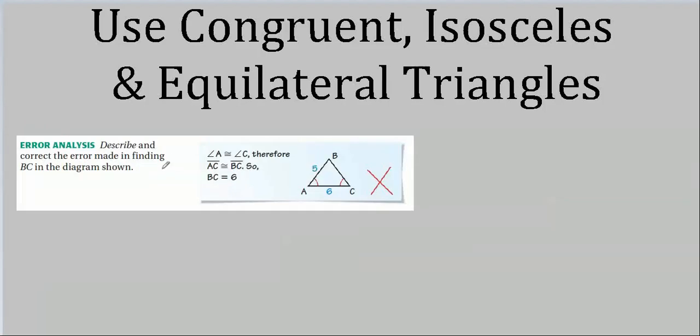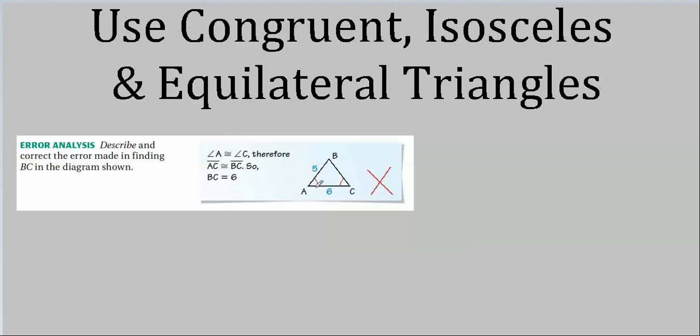Well, here we have another example of a guy making geometry videos who messed up. What did he do? Well, let's see here. Angle A is congruent to angle C. Okay, that's in the diagram. So our converse to the base angles theorem should tell us that the two opposite sides are congruent.